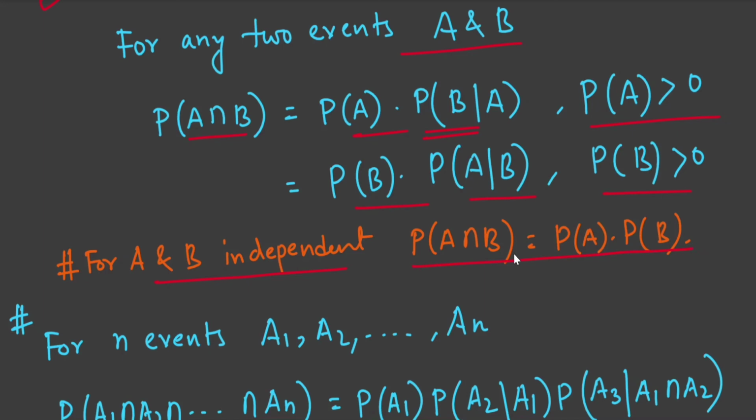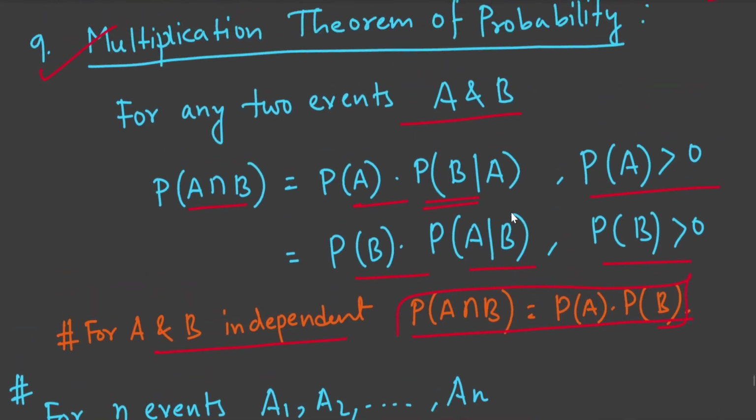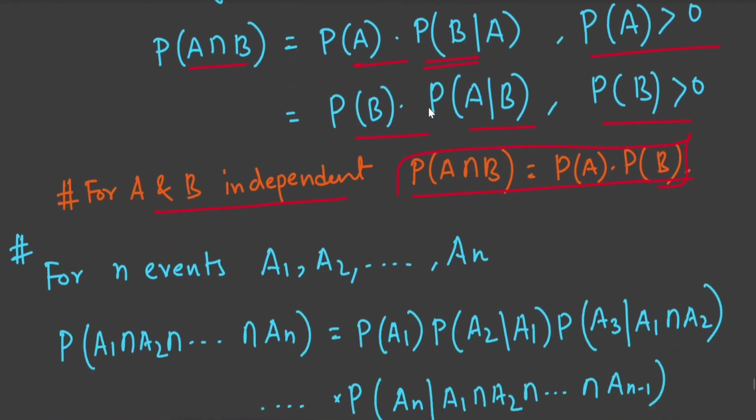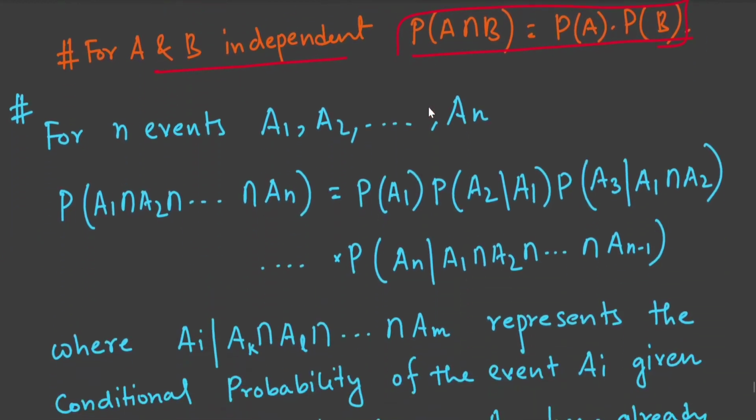And then if we put this for independent events, we also have the multiplication theorem for probability for two independent events.